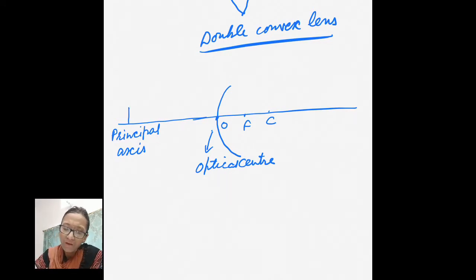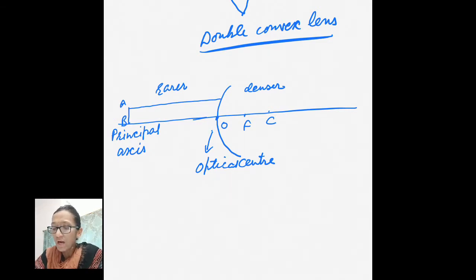Suppose you have one object here, AB object. When a ray falls on this surface, which is separating the two mediums, obviously the second medium is denser and the first medium is rarer.